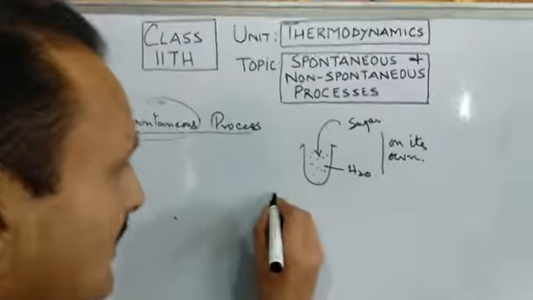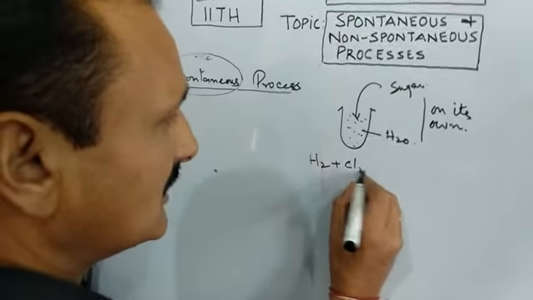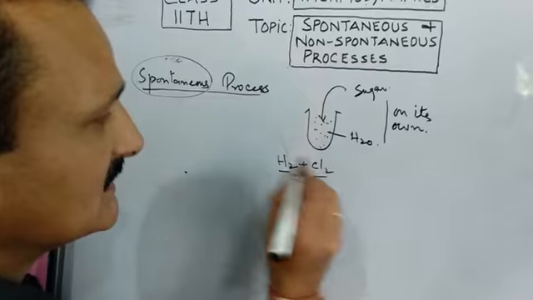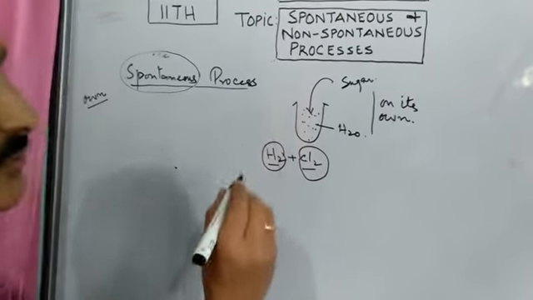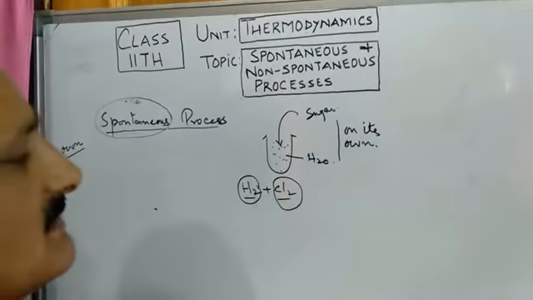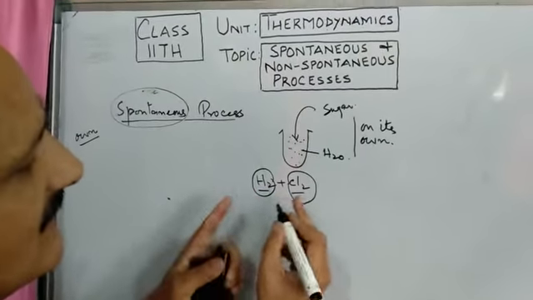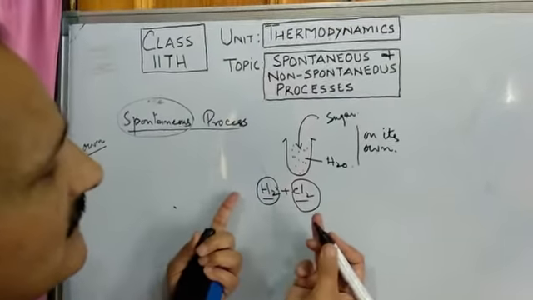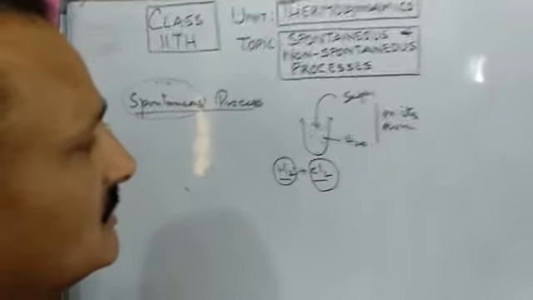Similarly, suppose we take a reaction between two gases, hydrogen and chlorine, so that some other gas may be formed. But when we react these two gases, we find that they do not react to form any product.